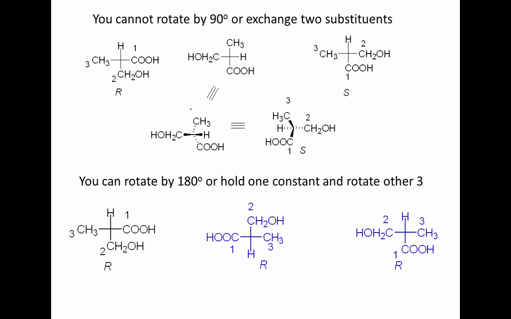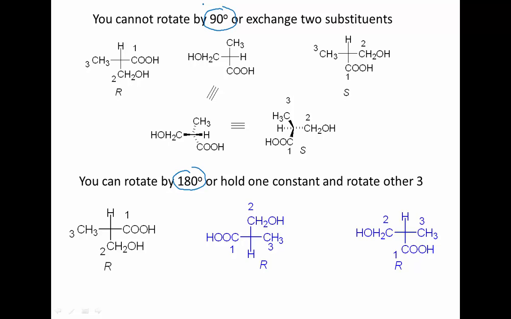And here's another instance of a 90-degree rotation, showing how that also screws up the configuration. All right, so what can you do with a Fisher projection? You can rotate it by 180 degrees, and that will not change your configuration. Most of you probably know that 90 twice is 180.